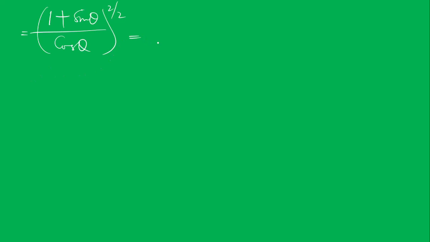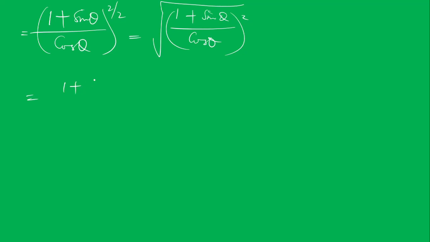This can also be written as the square root of 1 plus sine theta all over cos theta, all squared. If we square that, you have 1 plus sine theta all squared divided by cos square theta, all square root.